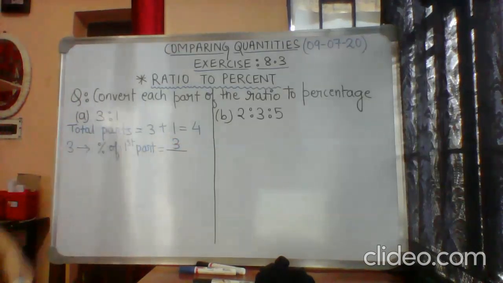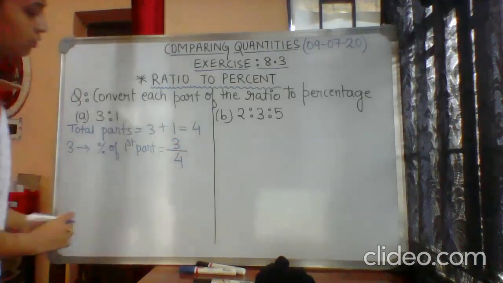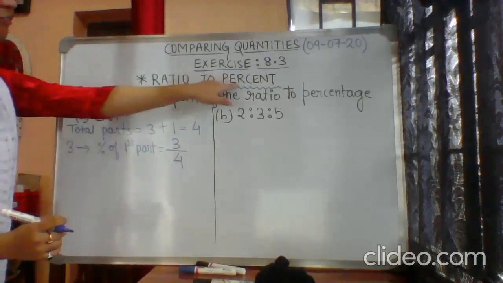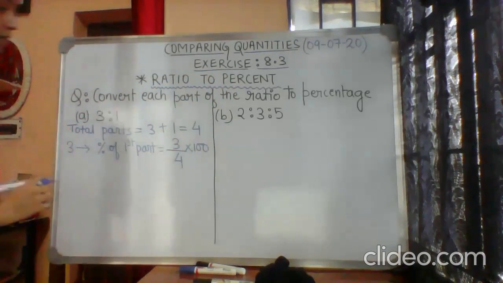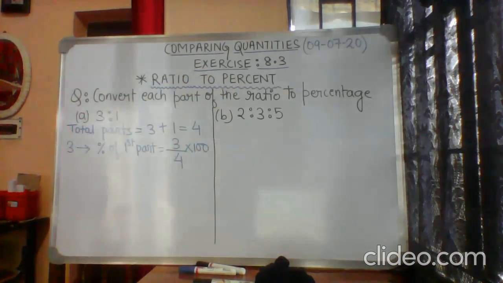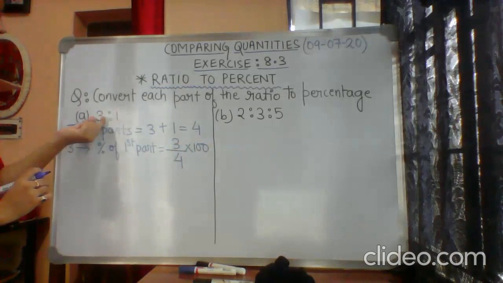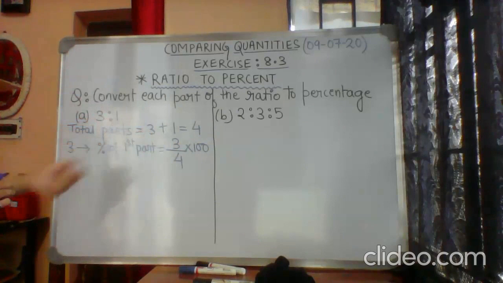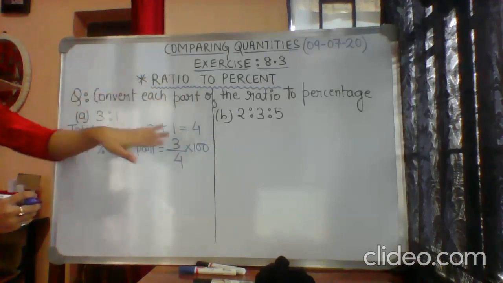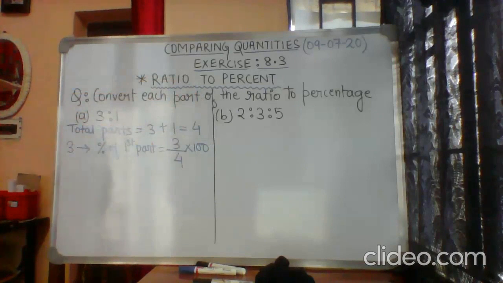Total number of parts? 4. And we are going to convert into percentage, so into 100. So, we have to take each part out of the total part, and we have to multiply by 100 so as to get the percentage.